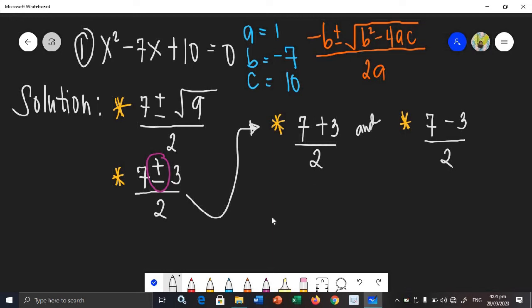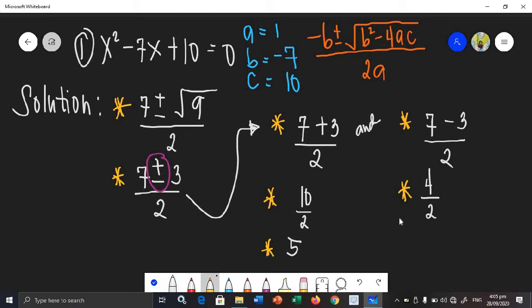There. And there are two of them. So, solving this, on the first solution, 7 plus 3 over 2, that is 10 over 2, right? 10 over 2 is simply equal to 5. Okay? And then, here, 7 minus 3, the answer is 4 over 2.